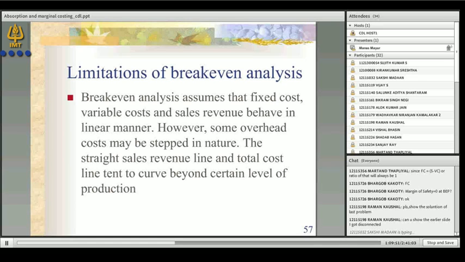The straight sales revenue line and total cost line tend to curve beyond a certain level of production. Even variable cost does not change in the same proportion for the number of products. It may be curved by nature, sometimes diminishing with units of production, sometimes increasing also.